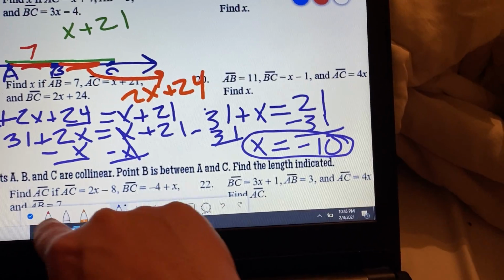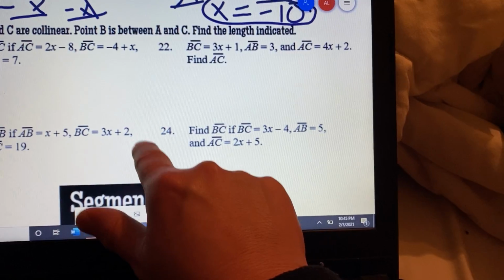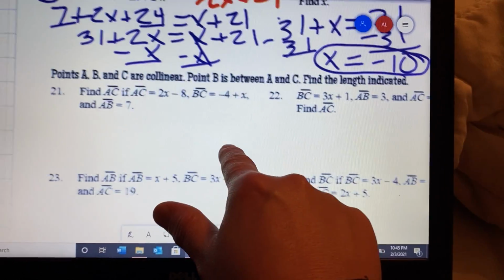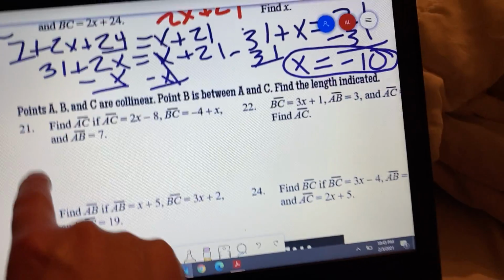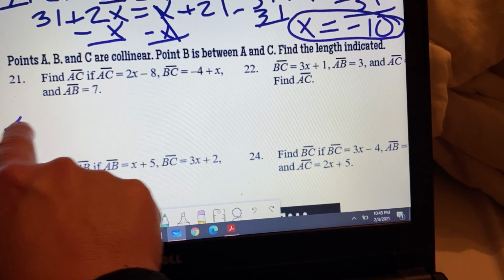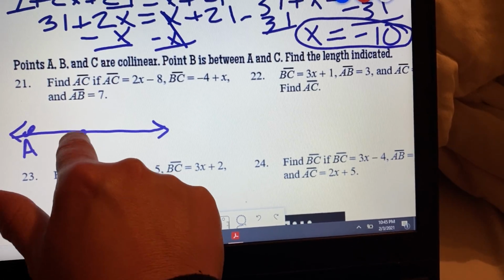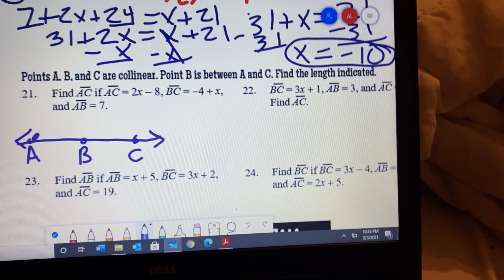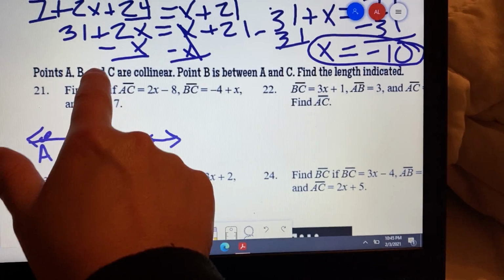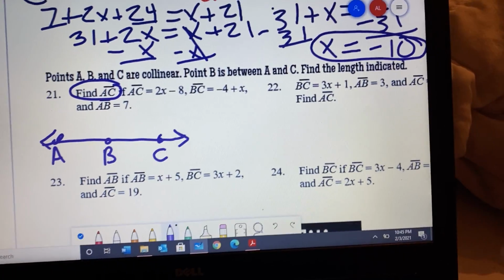We got one more section. All right, so let's look at number 21. The same deal here. We got a segment with A, B, and C. And this time they want me to find AC. So once I get my X, I'll have to plug it back in.